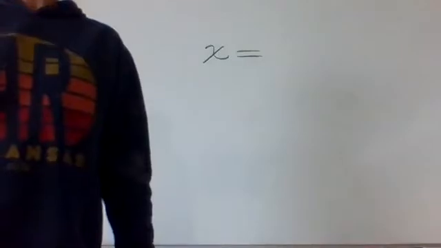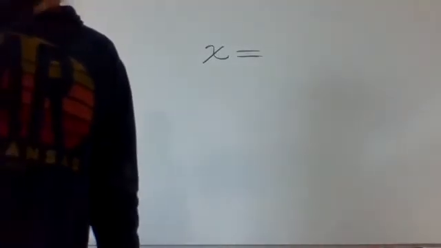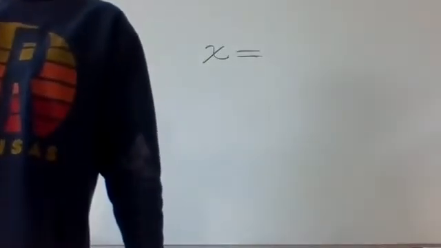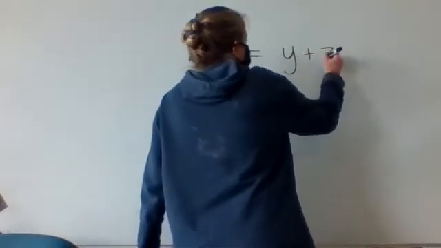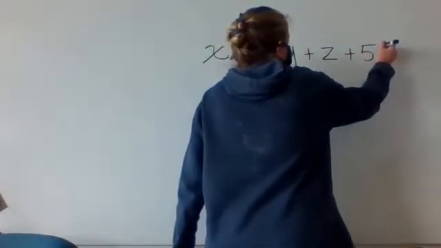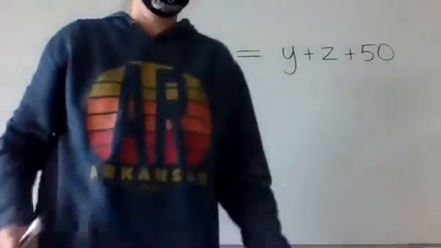If you're 50 more than something, you're going to have the sum of those 2 numbers plus 50. That would be y plus z, and then 50 more than the sum of those.